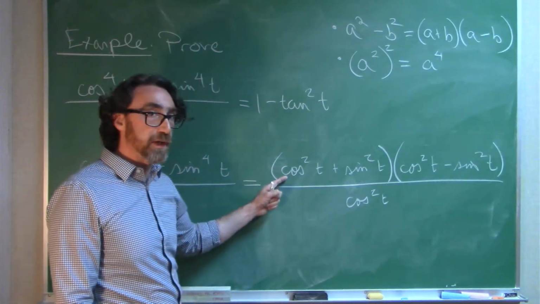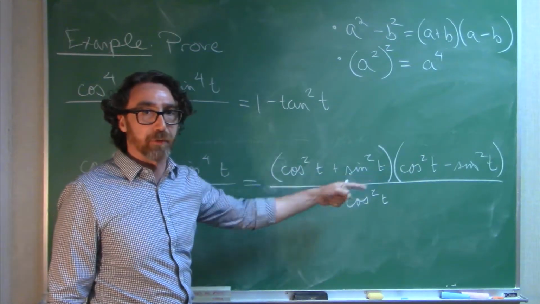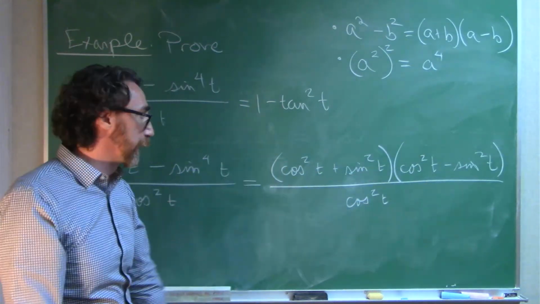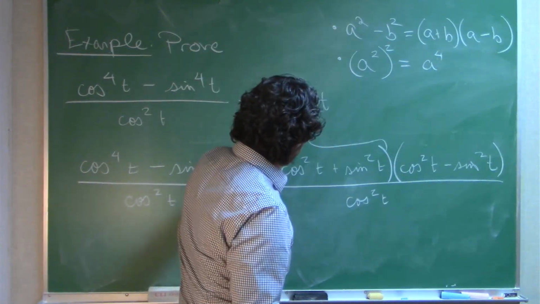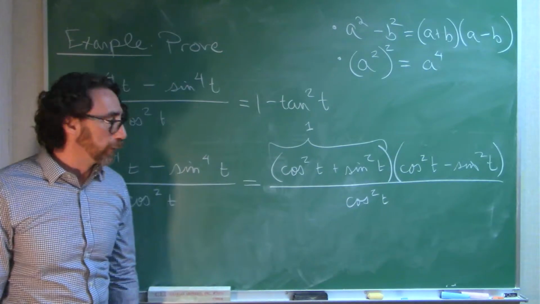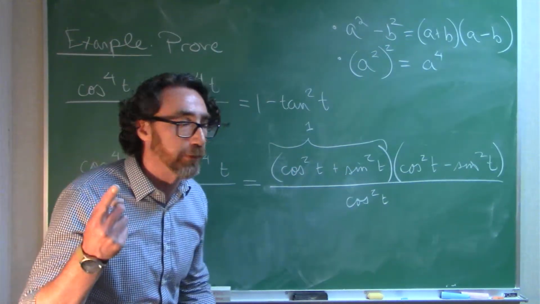You might say, well, there's a cosine squared right there, but that's not a factor. It's added to this other thing. Factors are multiplied together. However, there is a way to simplify this quite a bit. This right here, cosine squared plus sine squared, equals 1 by the Pythagorean identity.